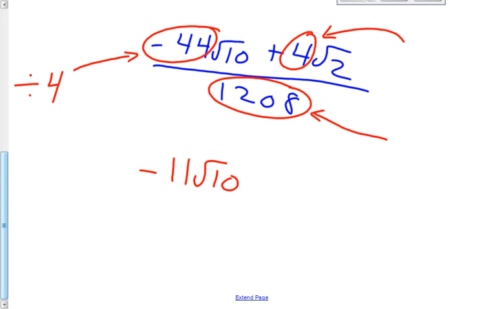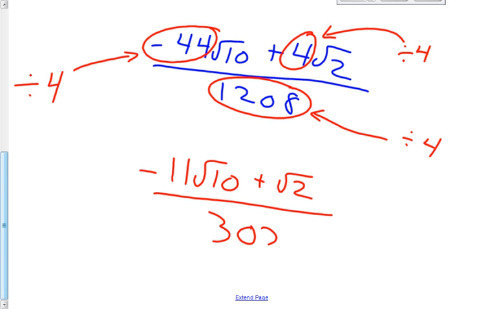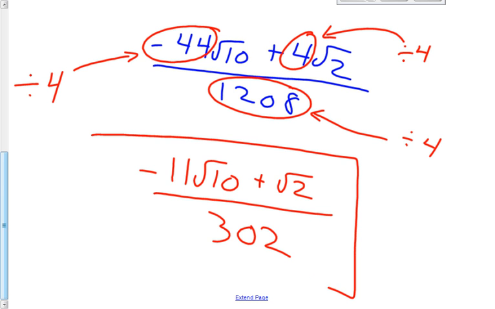A positive 4 divided by 4 is 1 square root 2, or just plus the square root of 2. And then you have 1,208, divide that by 4, and you get, let me get my calculator out here, 302. And this is as simple as we can make it, class.